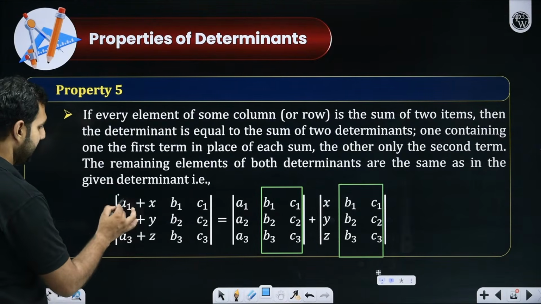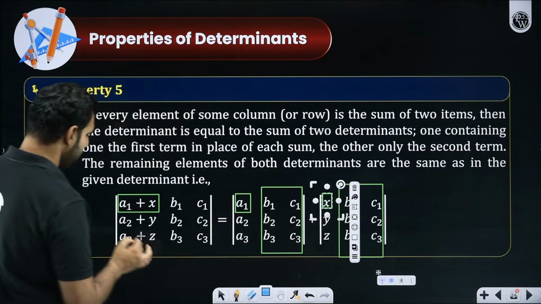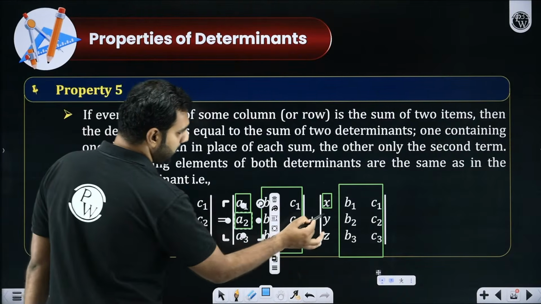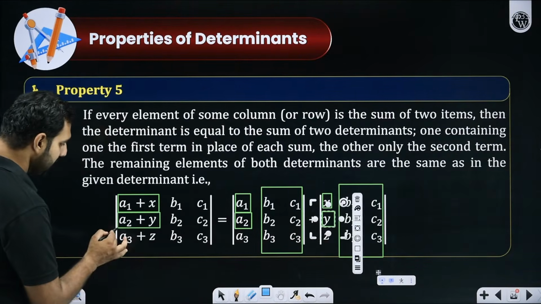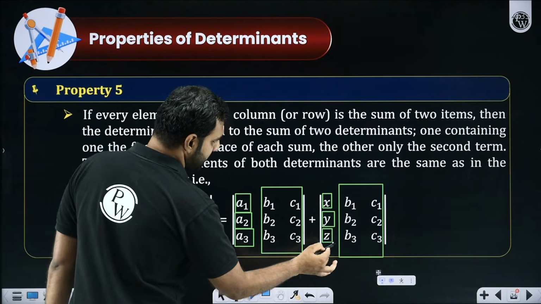But this A1 plus X, I'm splitting as A1 in one and X in the other, A2 plus Y as A2 and Y, and A3 plus Z as A3 and Z.